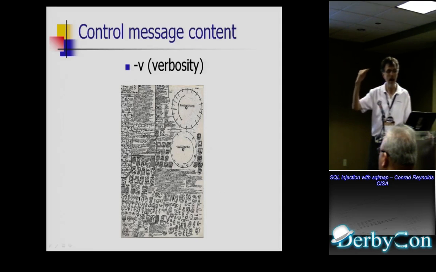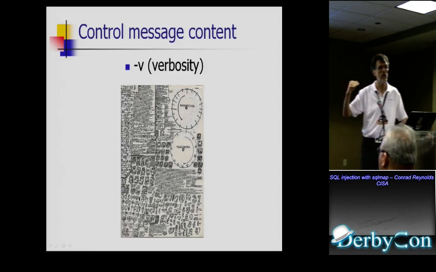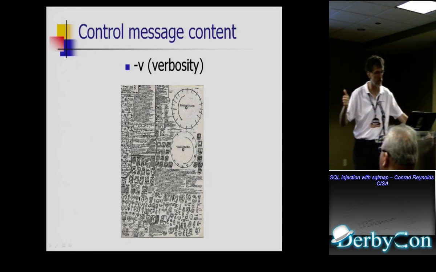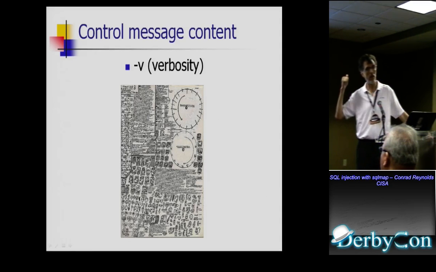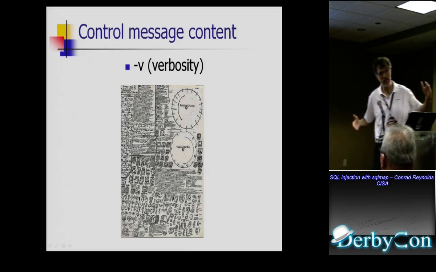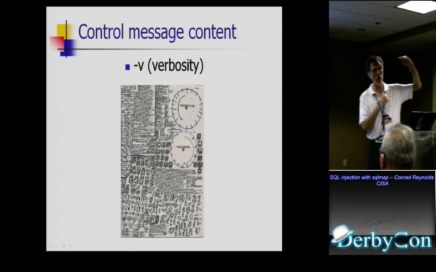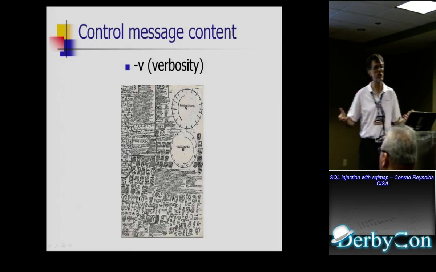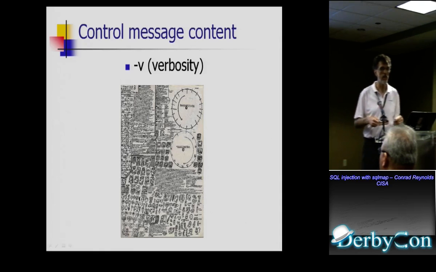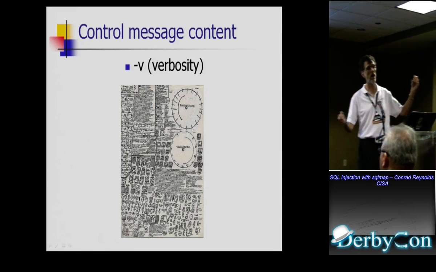As you specify higher levels of verbosity, you can tell it to show you all the payloads that it attempted to inject. You can take it farther than that. You can say, well, show me all of the complete HTTP requests that went through there. I mean, the whole get or post. Beyond that, you can also say, in addition to that, give me all the response headers. And then finally, if you say verbosity 6, it will give you all the response content coming back.